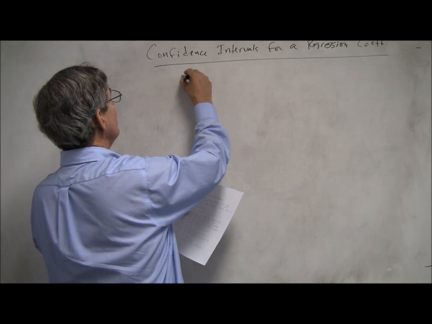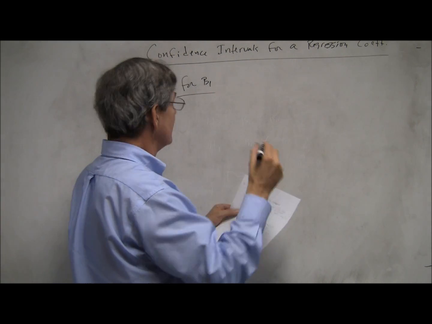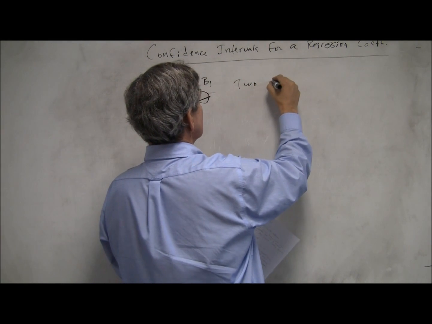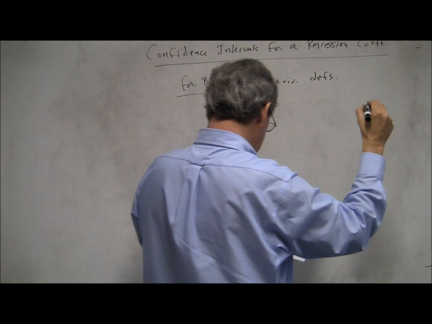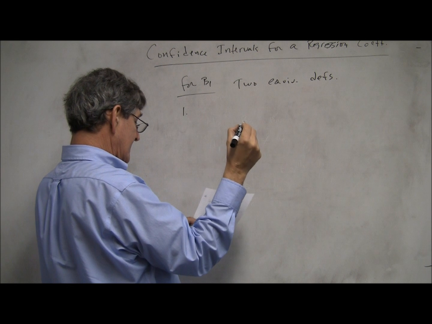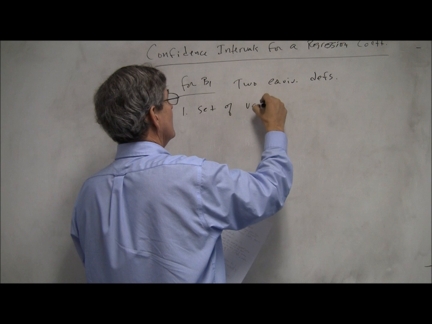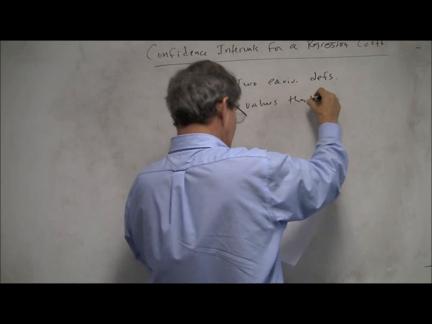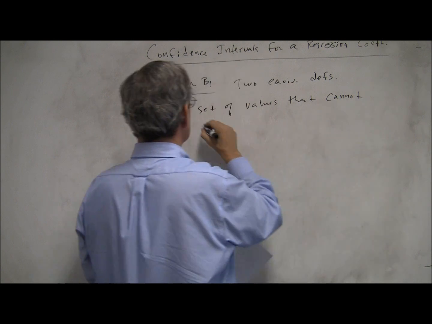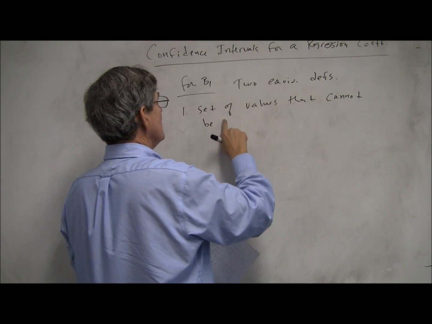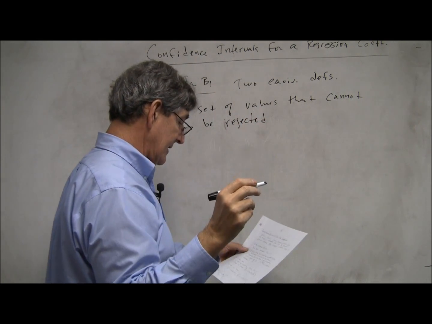So for beta 1, and it'll be the same for beta 0, there are two equivalent definitions. I like the second better than the first. The first is the set of values that cannot be rejected. So it's all the hypothesized values that would not be rejected by a t-test.